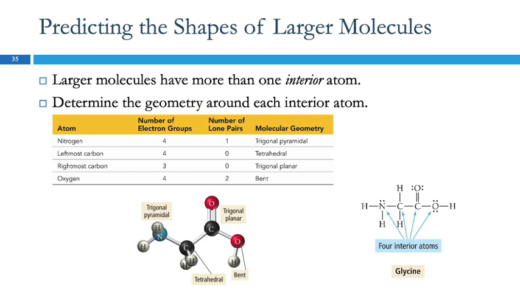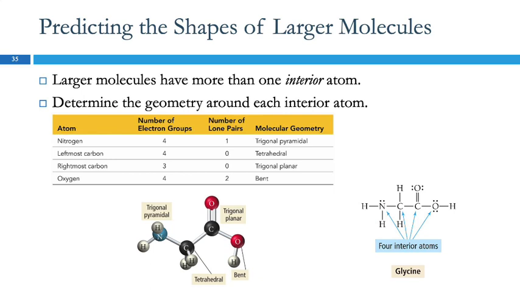Okay, you're asking about larger molecules. Larger molecules have more than one interior atom, and what we're going to do is look at the geometry at each of the interior atoms. So this is the amino acid glycine, and there are 4 interior atoms. So we can look at the geometry around nitrogen. Well, there are 4 groups, tetrahedral, 1 lone pair.